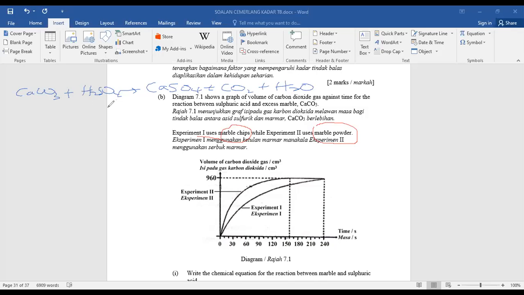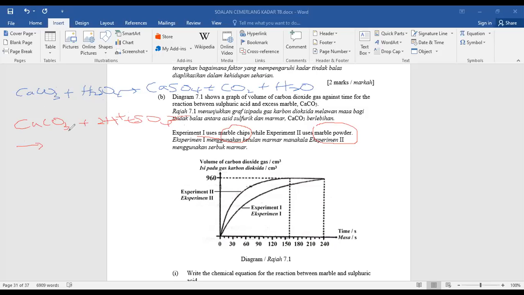Next part. In order for us to determine the particles that collide, we are going to write the ionic equation. Now this calcium carbonate is a solid, so you write it back as calcium carbonate. The sulfuric acid is a solution, so you separate it.